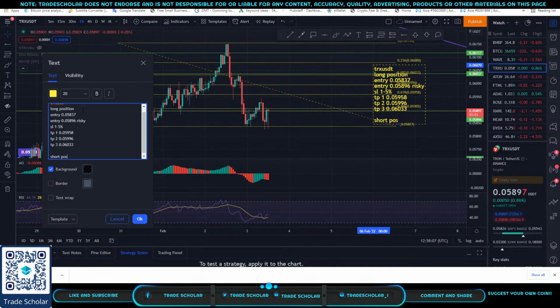Short position. If you want a short position, the entry is risky.